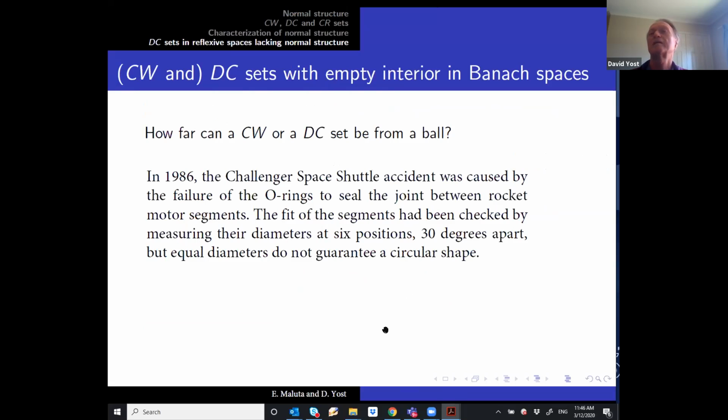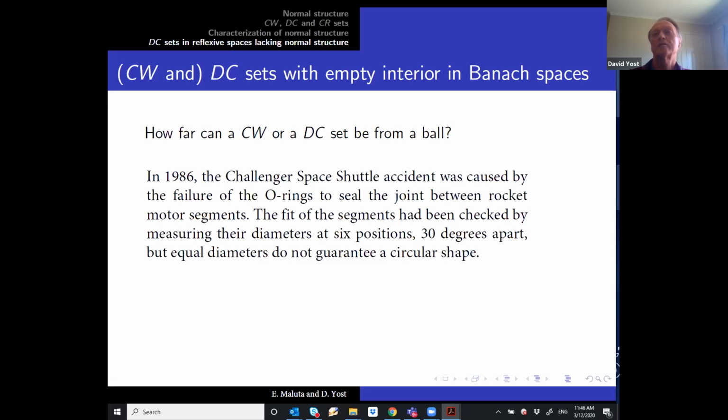Now, I want to ask the question, how far a constant width or diametrally complete set can be from being a ball? And I have here another example of why it matters to know this. The Challenger Space Shuttle incident was caused by failure of O-rings, and before the launch, people had checked that the O-rings were really O-shaped and circular.